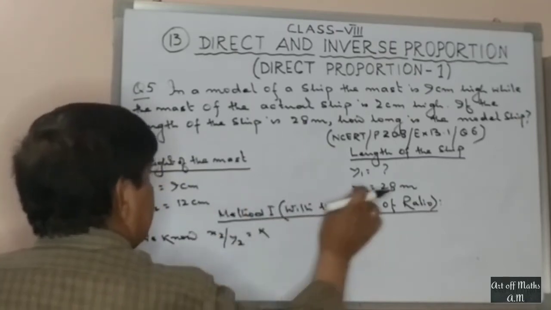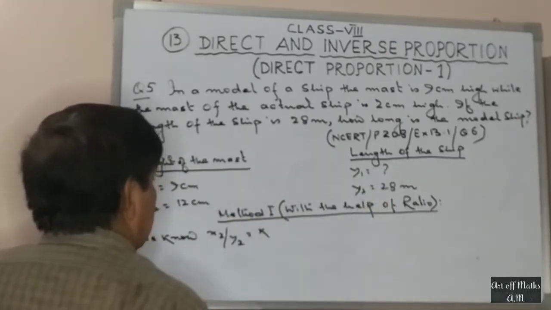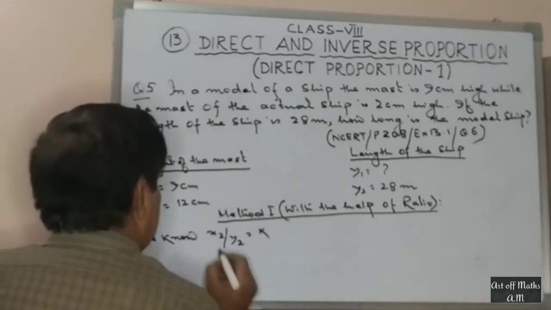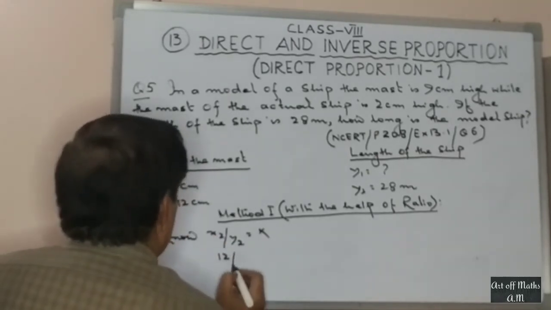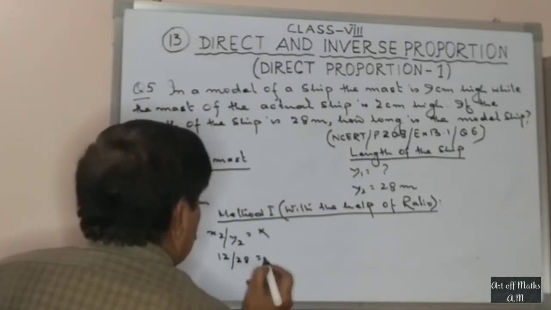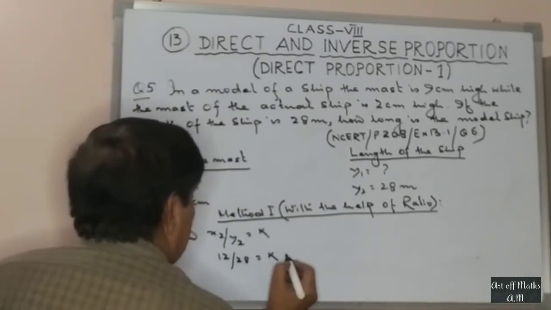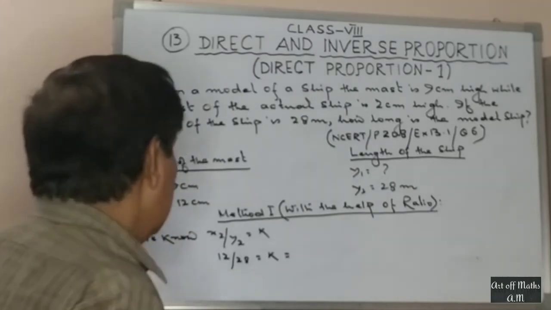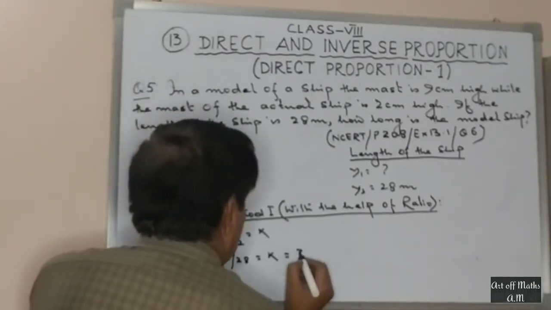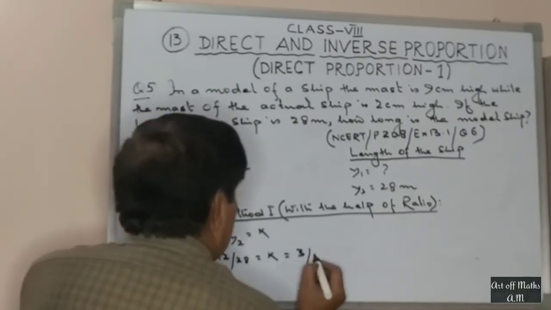With reference to these two, we have to find this one. So here it will be x2 divided by y2. x2 means 12 divided by y2, 28, equal to k, which is 3 by 7.